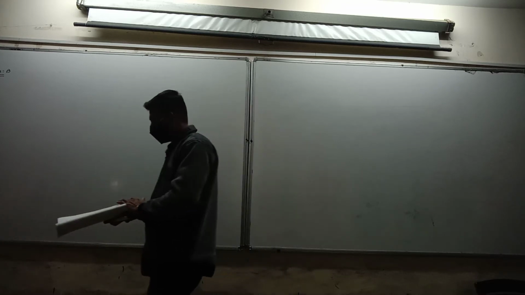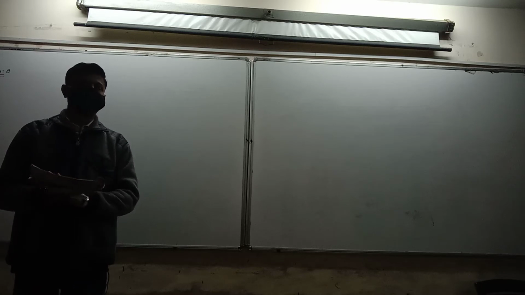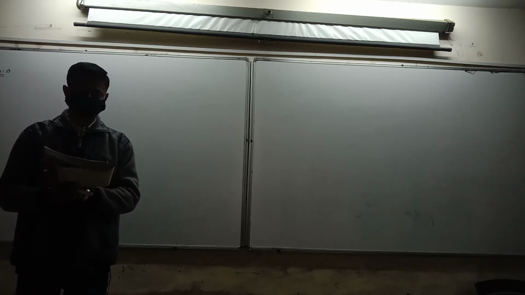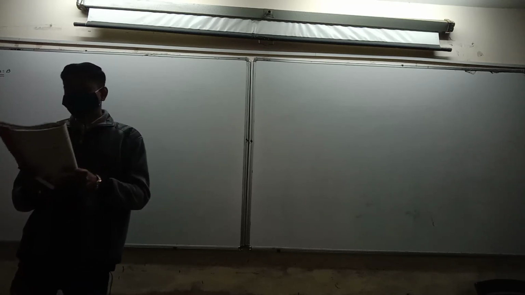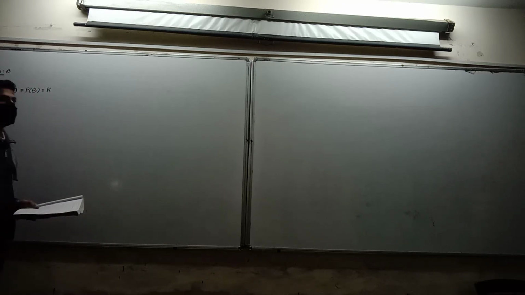Mutually exclusive means A intersection B is equal to null set phi and probability is 0. So here P of A and P of B both have the same value. P of A is equal to P of B is equal to K, given.